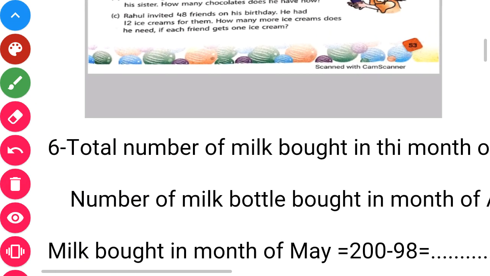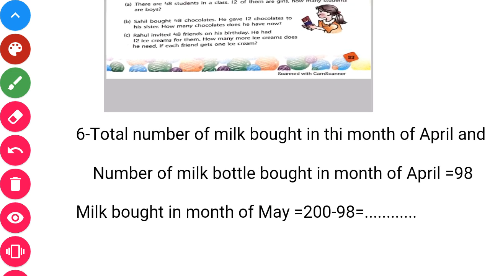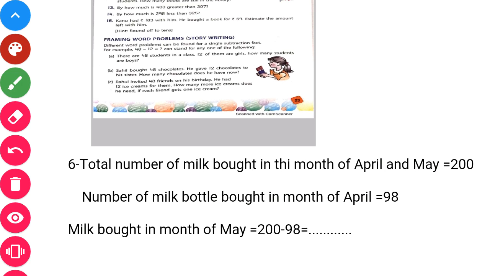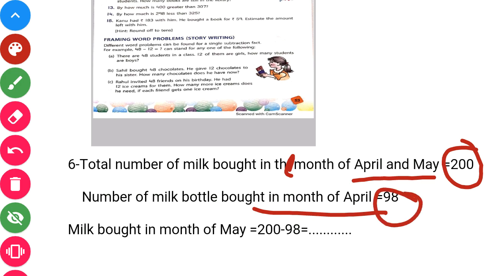Number of milk bottles bought in the months of April and May, 200. Number of milk bottles bought in April alone, 98. Now milk bought in the month of May equals, here we will subtract the number of bottles bought in April from the total number of bottles bought in April and May.